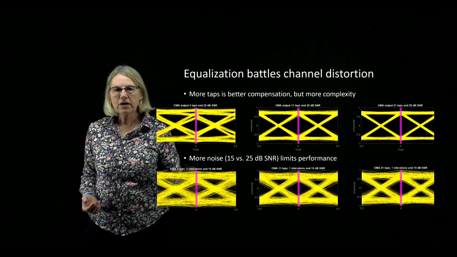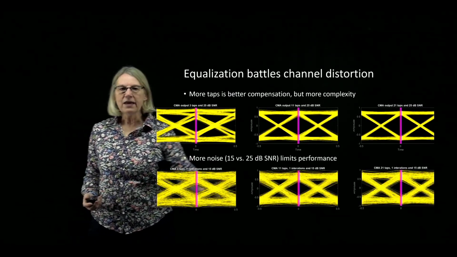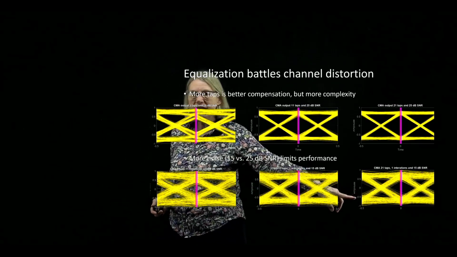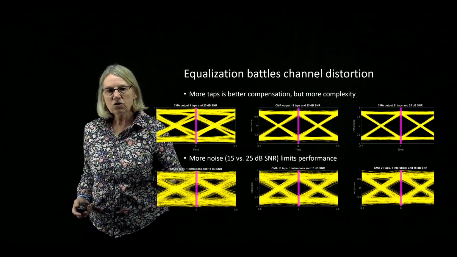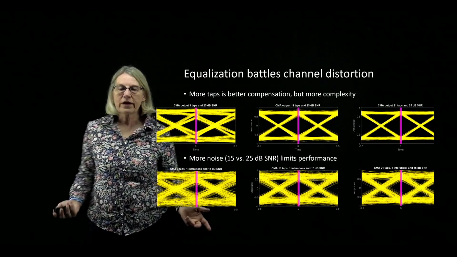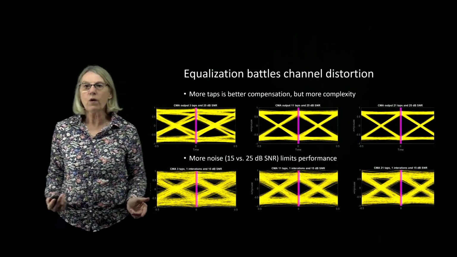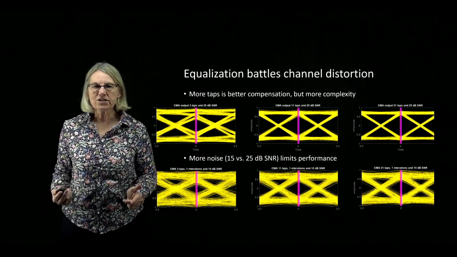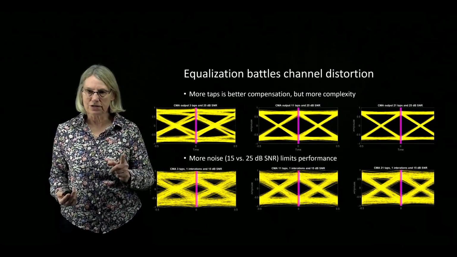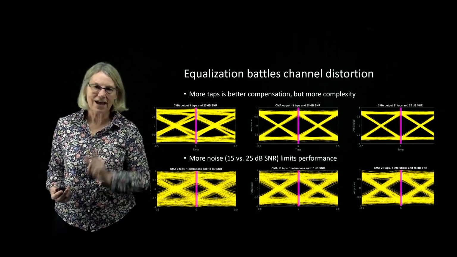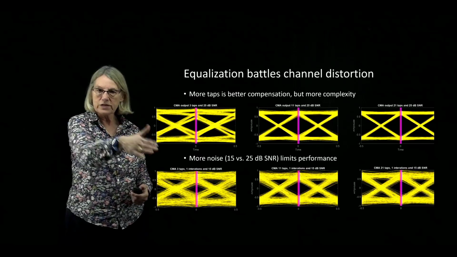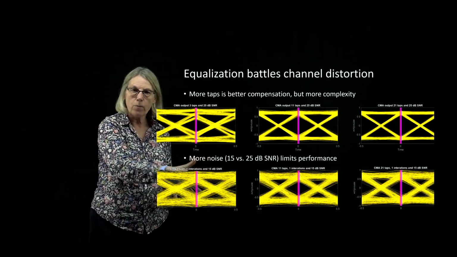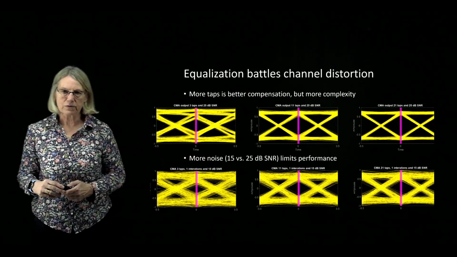So now, because of the noise, the CMA is still giving improvement, but the noise is not going away because of equalization. So the point here is that equalization is very effective against distortion, but it does nothing against additive white Gaussian noise. So noisier is going to have less of an eye opening than in the case where there was less noise.